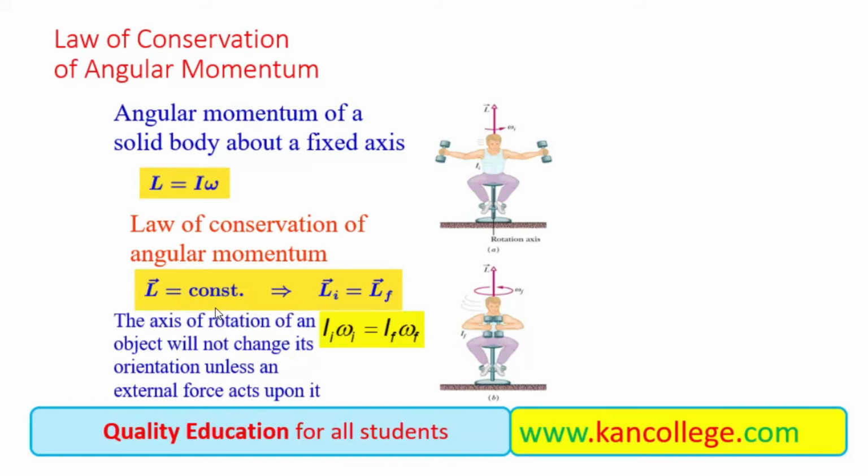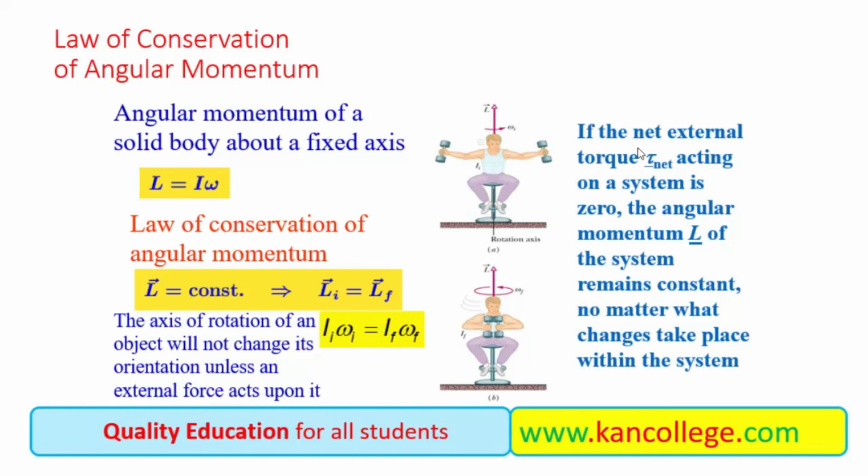It is important to note that the axis of rotation of an object will not change its orientation unless an external force acts upon it. It means that if the net external torque acting on a system is zero, or the outside force or outside rotating agent is zero, the angular momentum of the system doesn't change, no matter what changes take place inside the system.